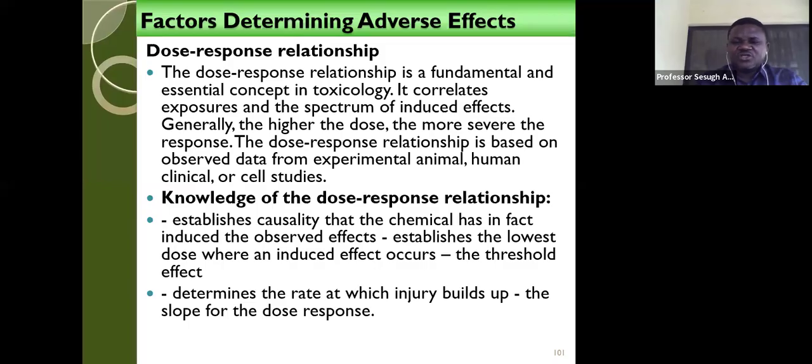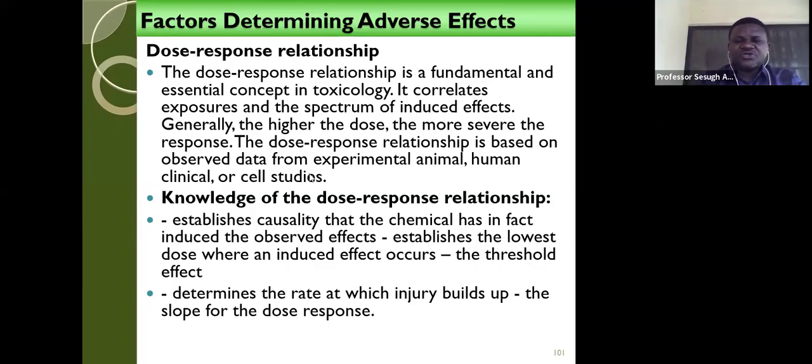It establishes the lowest dose where an induced effect occurs. That is the threshold effect. We mentioned that. It also determines the rate at which injury builds up. That is the slope for the dose response. We'll look at it shortly.